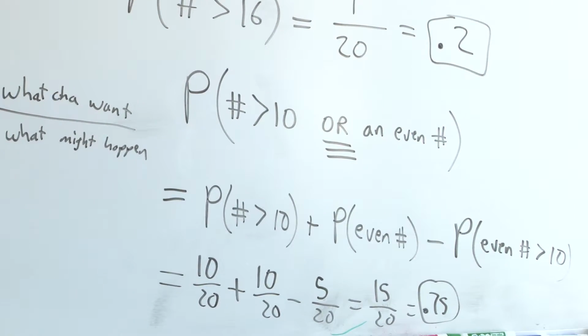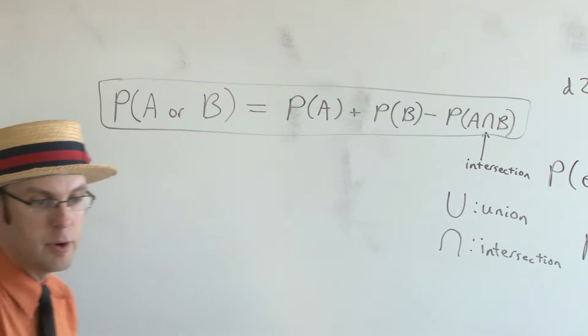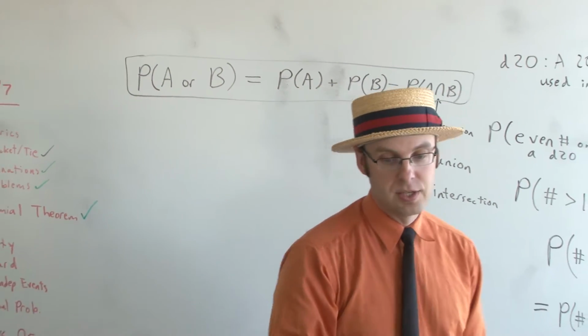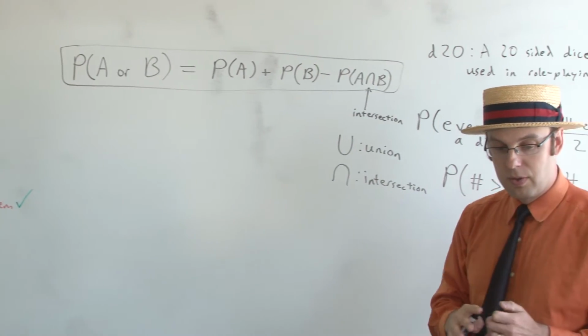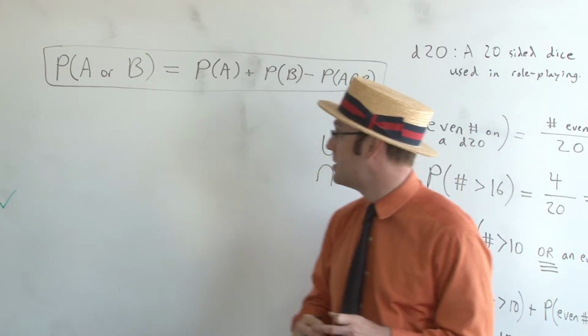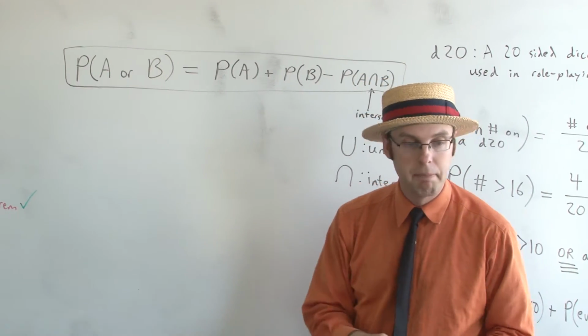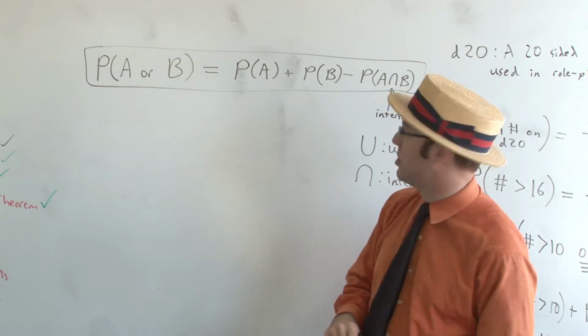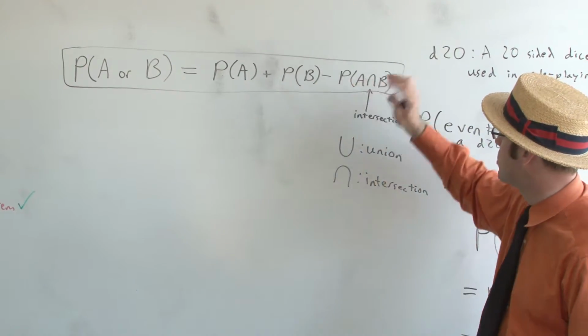So I get a 75% chance of that happening. So that's a lovely little formula, but it's very self-explanatory. If I want to know the way for this event or this event to happen, I've got to add them up and subtract the overlap. That's all that it says. It just looks longer and has weird notation. Add them up, subtract the overlap.